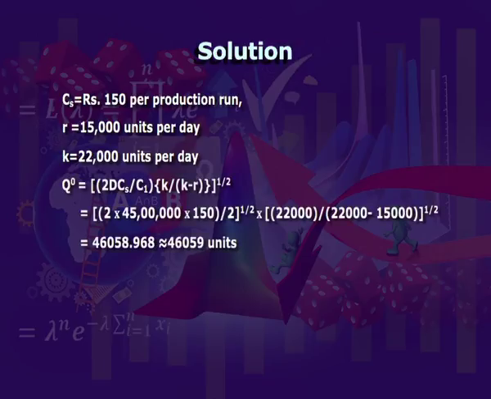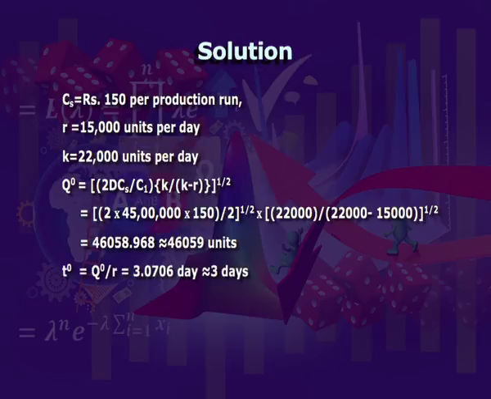Then optimum inventory Q0 equal to under root of 2 into D into CS upon C1 multiplied by K upon (K minus R). Substituting the values of D, CS, C1, K and R, we get the final answer 46058.968, that means approximately equal to 46059 units.